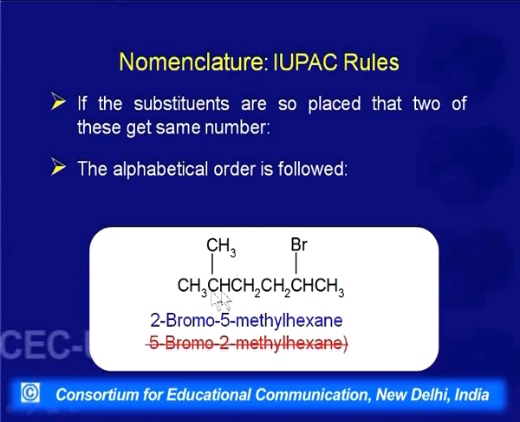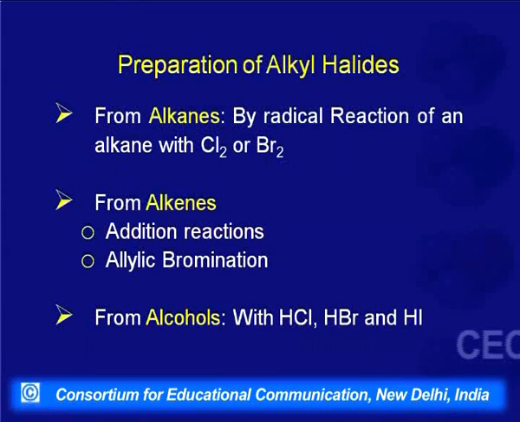So what gets precedence is the alphabet, because bromo comes first in the alphabetic order. So we will start numbering from here. So 1, 2, 3, 4, 5, 6. Now we have the methyl substituent at the 5 position. So the correct name will be 2-bromo-5-methyl-hexane and not 5-bromo-2-methyl-hexane. So this is the way of naming these compounds.